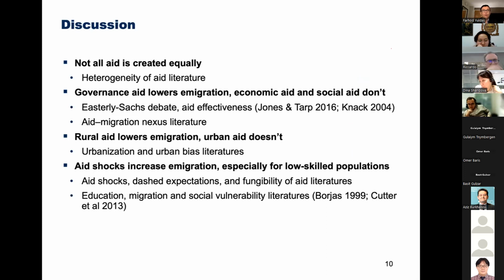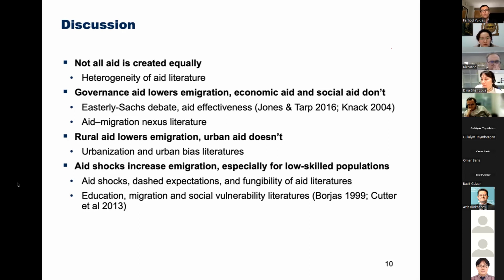And our finding that governance aid lowers immigration, whereas economic aid and social aid don't increase immigration, also makes sense, especially in the context of the revisions and refinement of the Easterly-Tax debate, as well as the aid effectiveness literature, where Jones and Tarp and others in the field pointed out that some foreign aid could actually be very effective, especially governance aid.